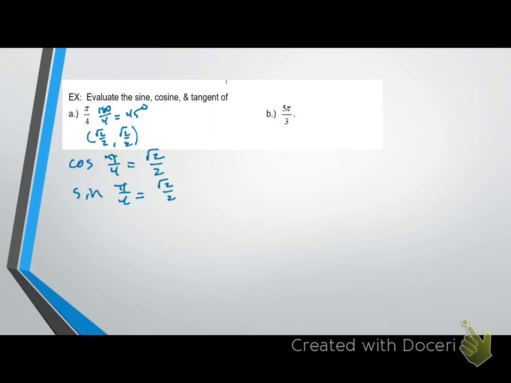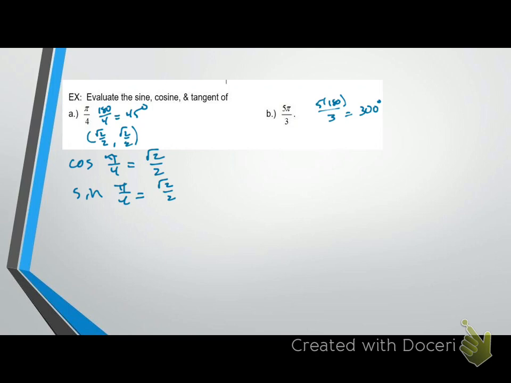Okay? 5 pi over 3, right? So 5 pi over 3, again, if you wanted to, you could convert that into a degree measure. And so it's going to give you 300 degrees. 300 degrees is just 30 degrees from 270.